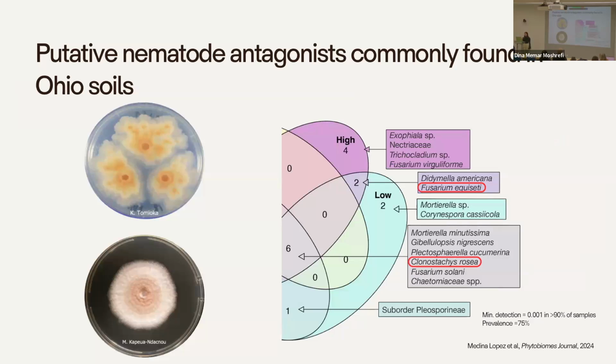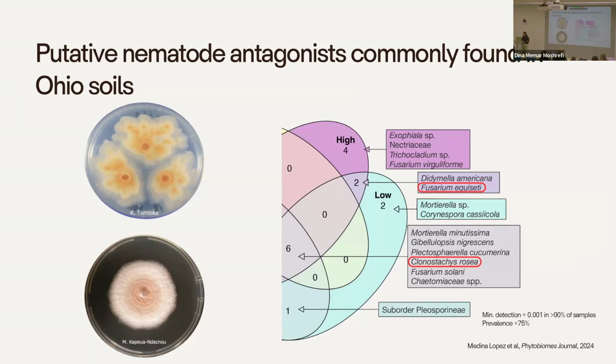Clonostachys rosea specifically has been reported many times because they are entomopathogenic. And usually when you have a fungus that is entomopathogenic, it can cause a level of predation or antagonism to nematodes too, since nematodes are closely related and have some components that are similar to insects. But they're not insects.